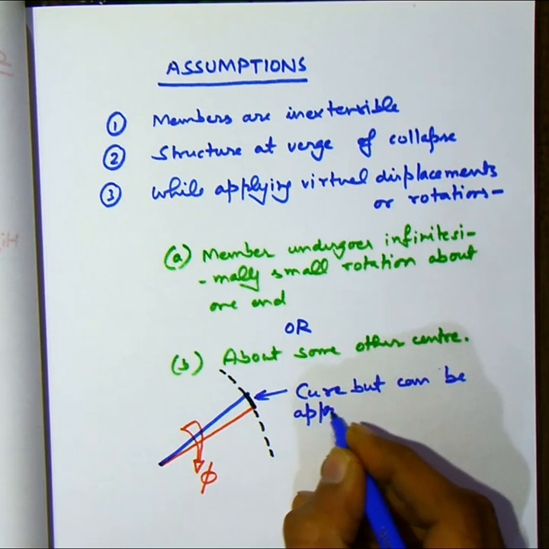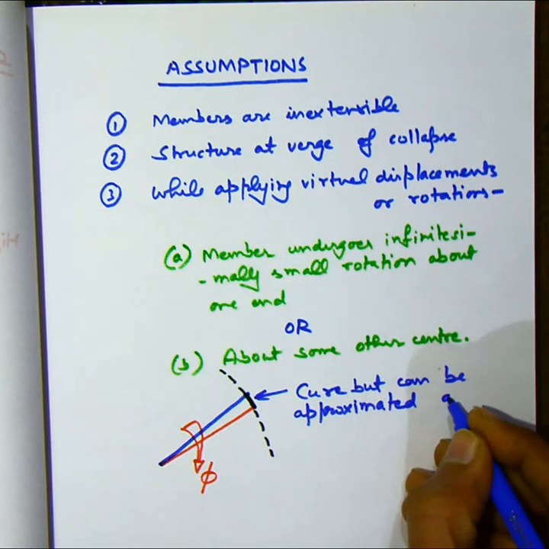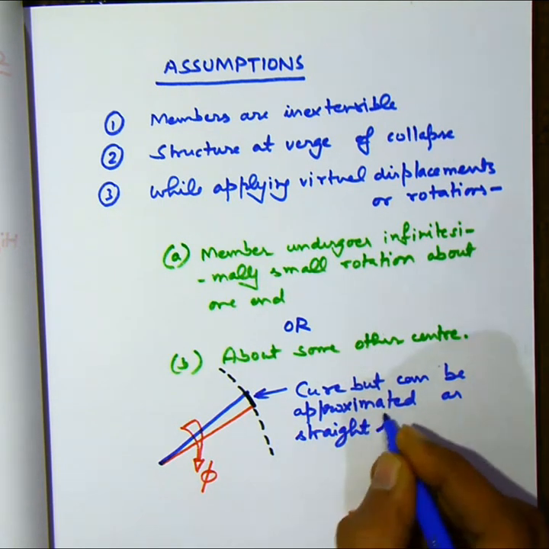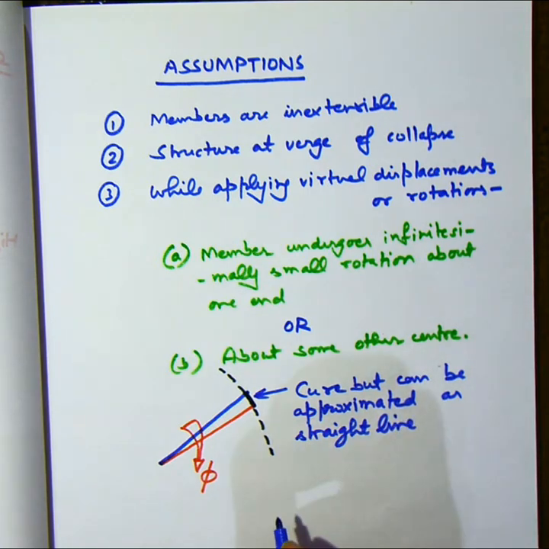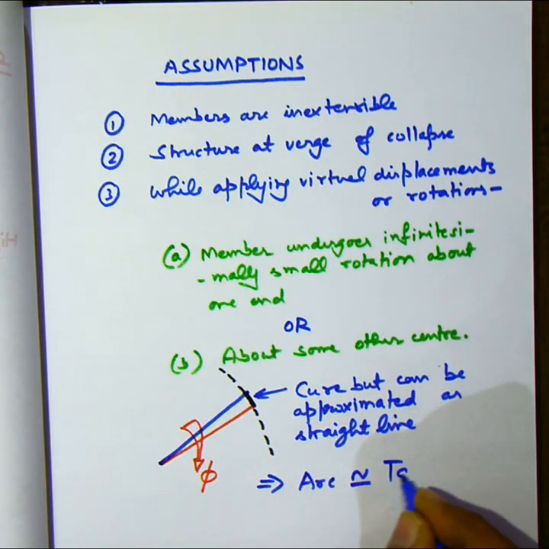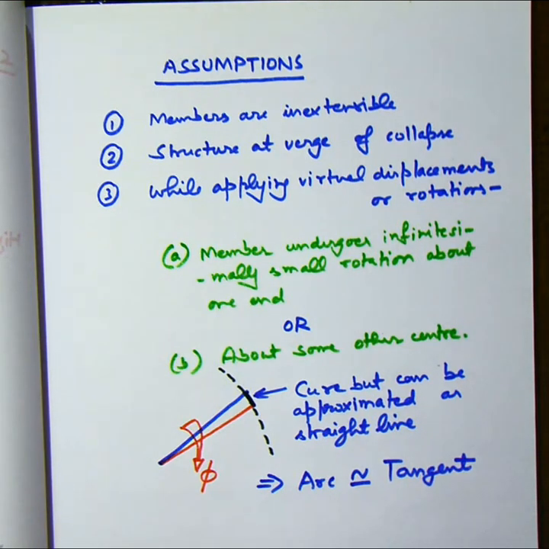So arc length and tangent lines are one and the same, and for us the effect is that the end point of the member is moving normal to its original length, like it's shown here. Please note that all the arc lengths we are considering are like tangent lengths. That is our assumption.